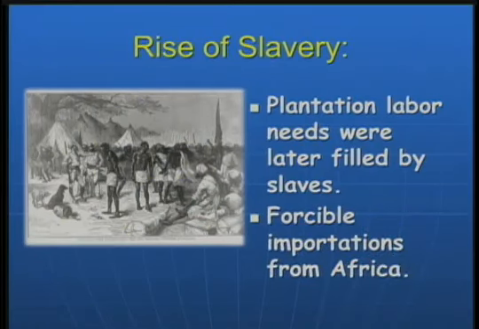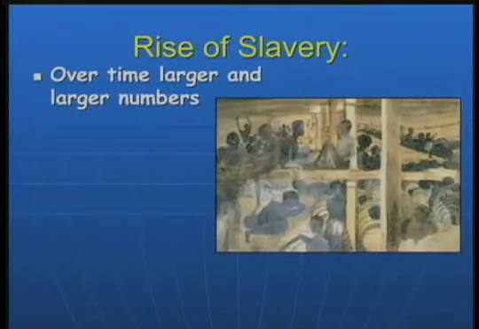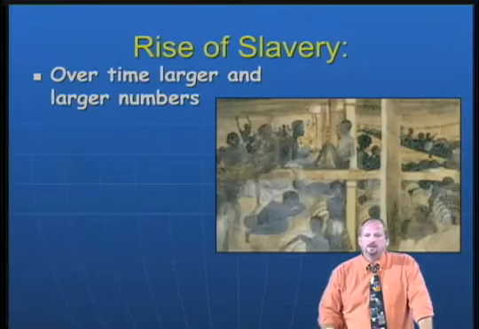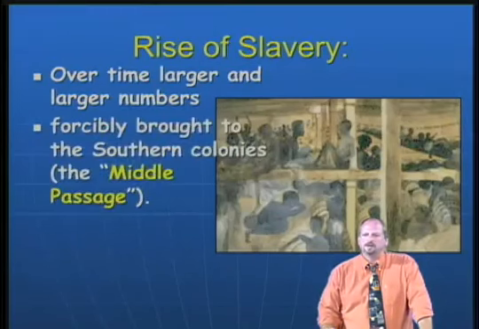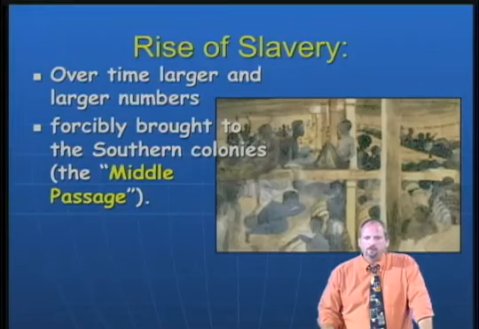The forcible importation of these Africans filled that void. Over time, larger and larger numbers came to the New World, especially here in the South. They were forcibly brought to the colonies through what was called the Middle Passage. The Middle Passage is the part of the journey from Africa to the New World.